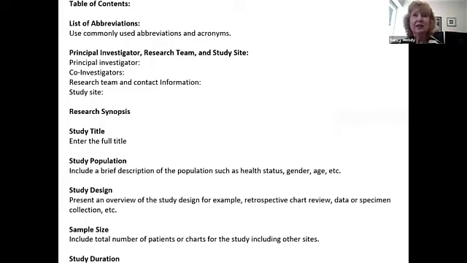I'm about ready to buy some software called Protocol Builder, where you can pull up saved protocol templates, fill them in and answer your questions, and then print the protocol at the end. Hopefully that'll make it easier for our students and faculty.